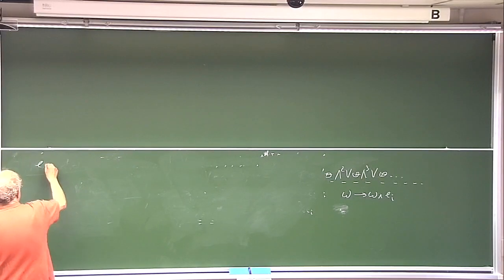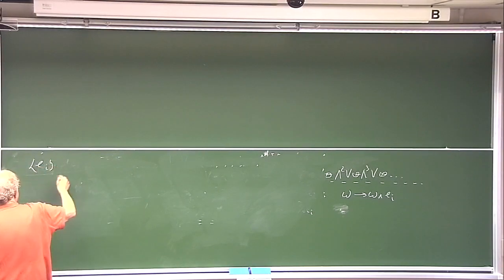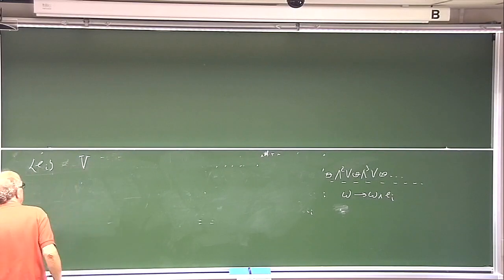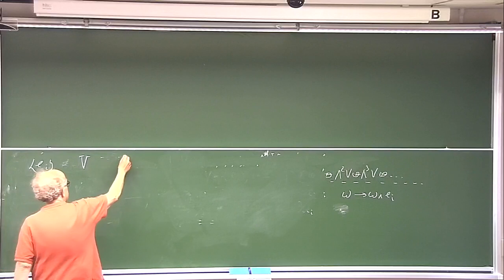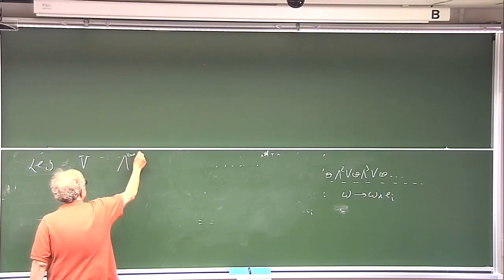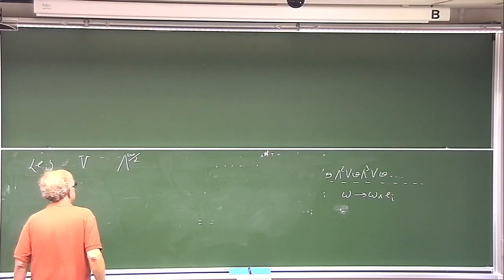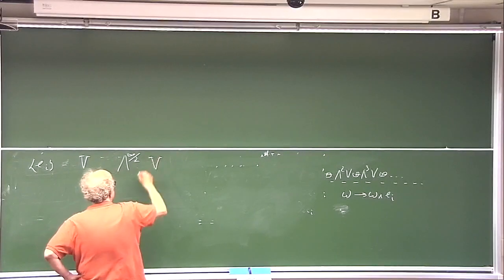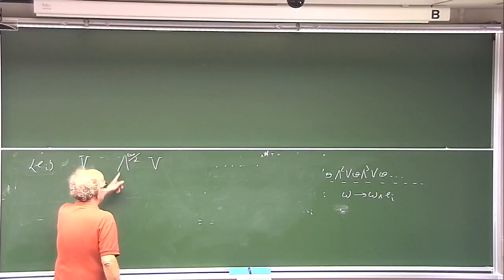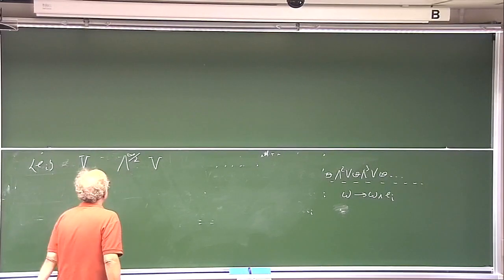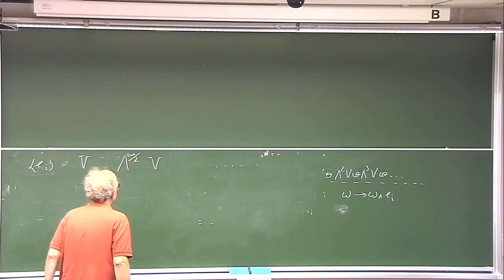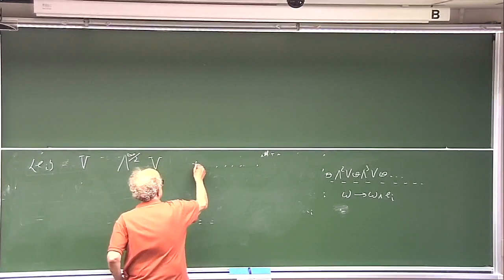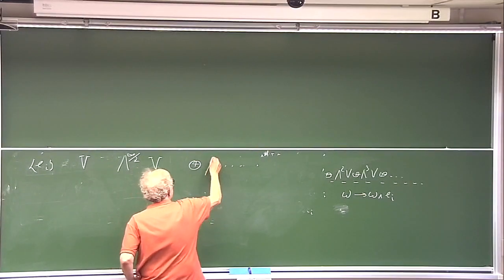I take EI, a basis in some vector space V. And what I explained is such a space. Better to say this notation is bad, because actually what we get is the direct sum.